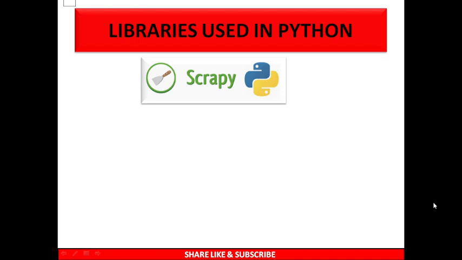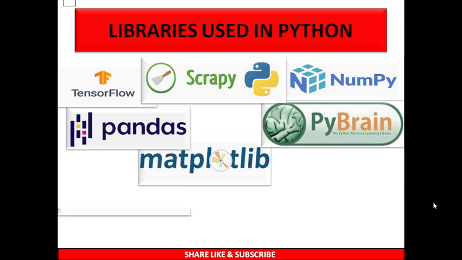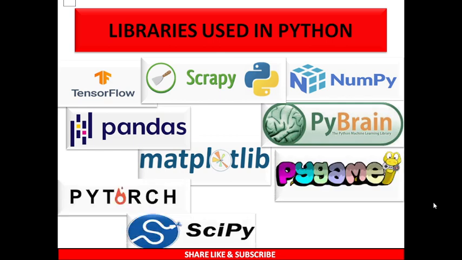Python is a programming language which is very helpful to develop machine learning and deep learning models. With the help of it, we can import a large number of libraries. I can show you some of them here. SciPy is a library used for scientific purposes, TensorFlow is used for multidimensional data processing, and then there are NumPy, Pandas, Matplotlib, PyBrain, PyTorch, Pygame, and lastly scikit-learn.